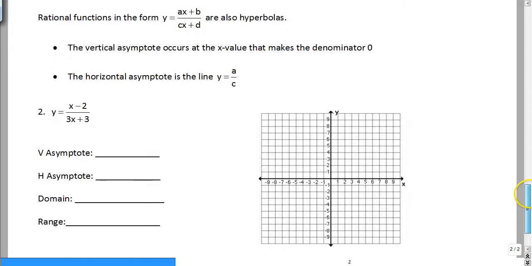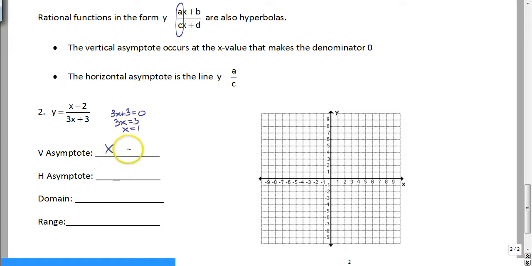The other form is when you have something that looks like this. So we have rational functions where we have ax plus b for your numerator and cx plus d for your denominator. These are also hyperbolas, and for this, the vertical asymptote again occurs with what makes the denominator 0. So you're still going to be setting the denominator equal to 0 and solving. And the horizontal asymptote for this, you just take your leading coefficients of x and you write them as a ratio. Okay, so for this example, the vertical asymptote, we would just set 3x minus 3 equal to 0, and 3x is equal to 3, so x is equal to 1.